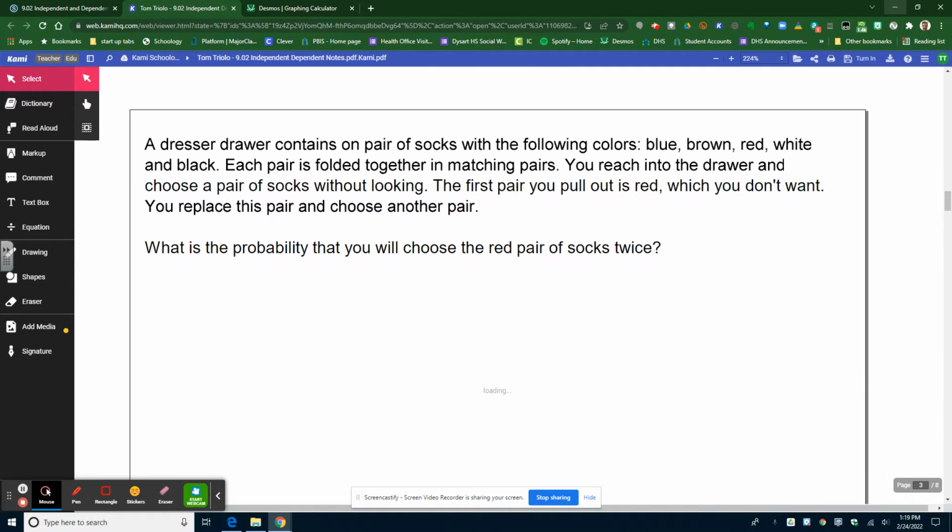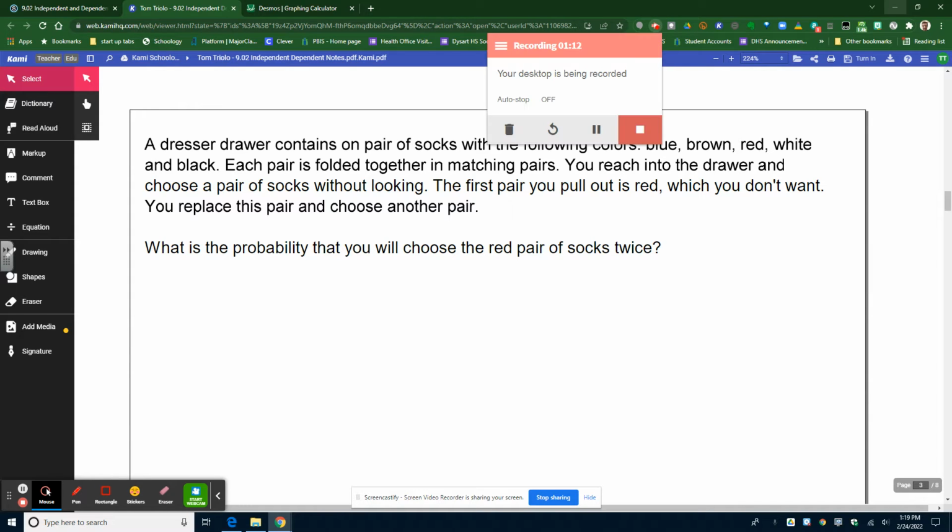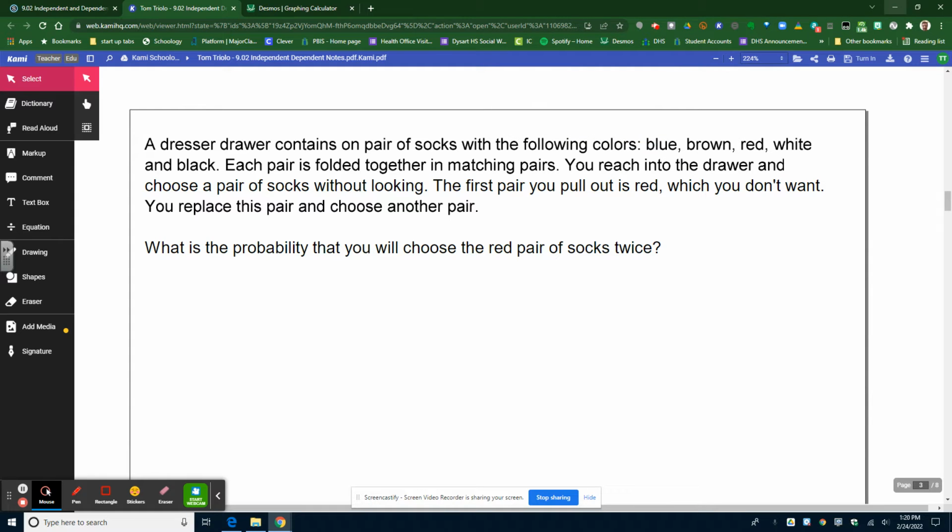All right, let's slow this down a little bit. Take a look at this. Read the situation, and then let's determine first if this is dependent or independent, and then we will calculate the probability. If we focus in on our sample space, we're only looking at pairs. They took a pair.